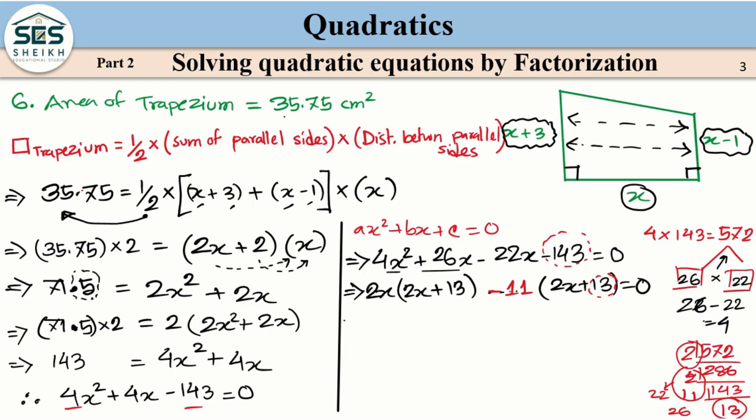Now we can write 2x plus 13 or 2x minus 11 is 0.